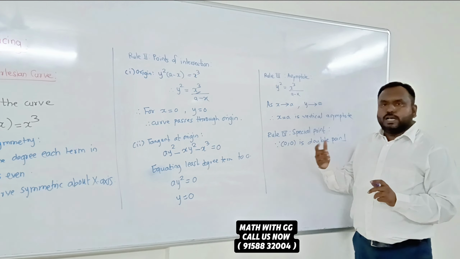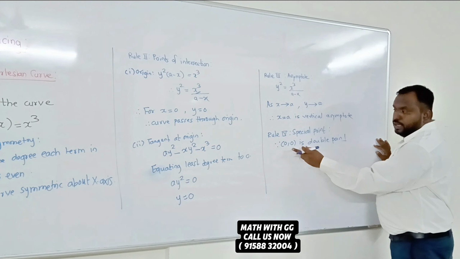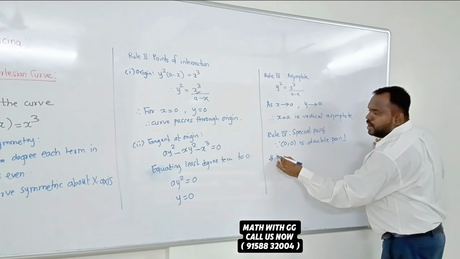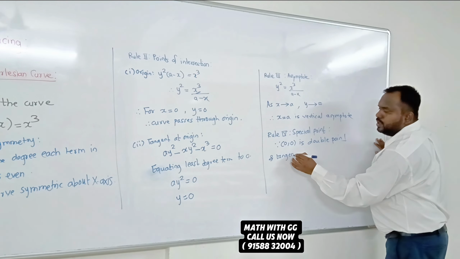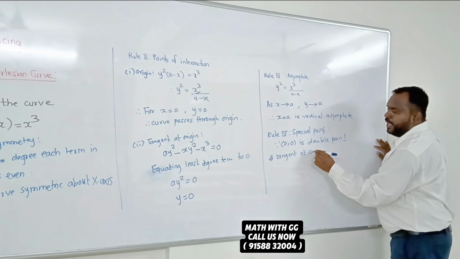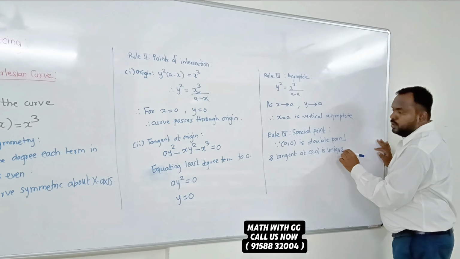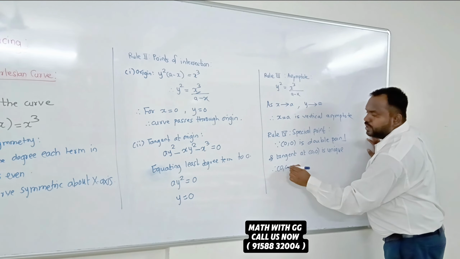That double point is called a cusp. So since (0, 0) is a double point and the tangent at (0, 0) is unique, therefore (0, 0) is a cusp.